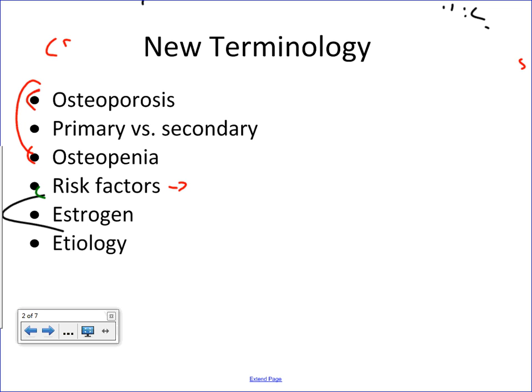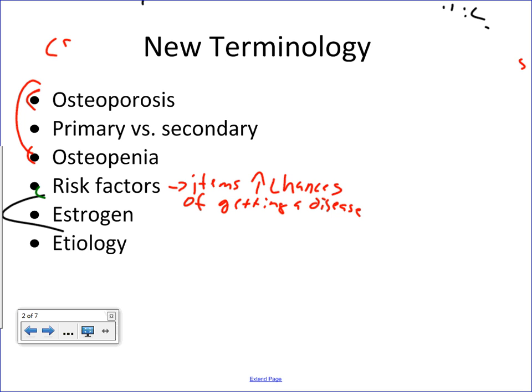Basically, they're items that increase your chances of getting a disease. So risk factors increase your chances of getting a disease.